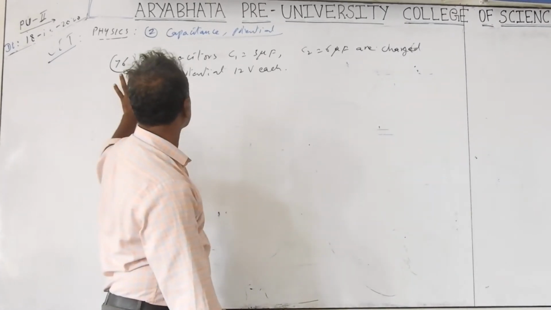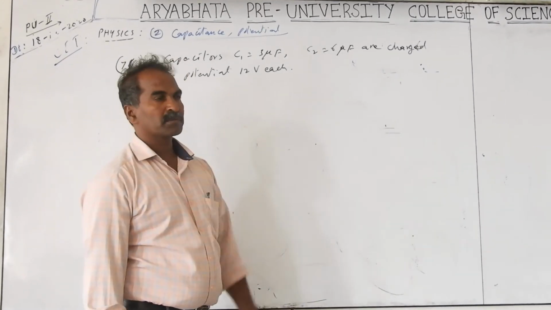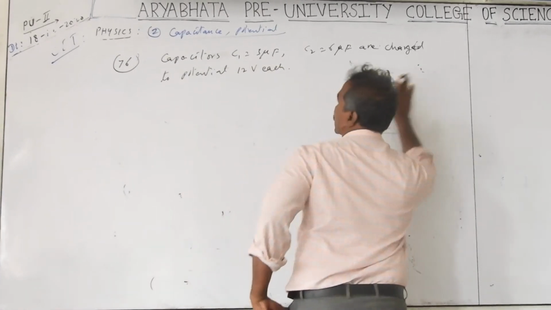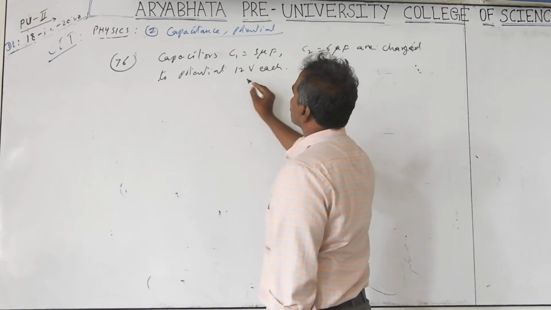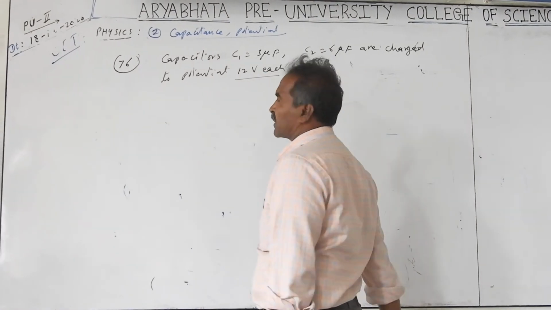Next, question number 76. If you do problems, please try to work them out. Capacitors C1 is 3 microfarad and C2 is 6 microfarad, charged to potentials of 12 volts each, meaning both are connected to the same battery potential.